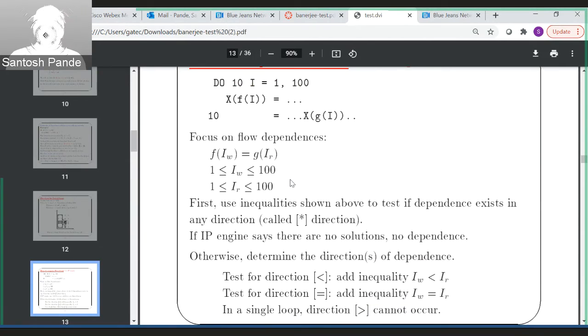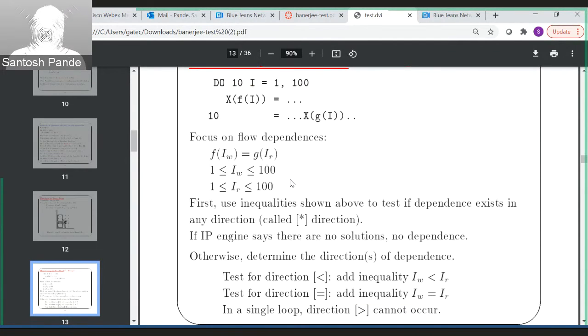And so if we found dependence using these, in any kind of direction, we would have said, yes, there is a dependence here, and that stops us from parallelizing this particular loop.